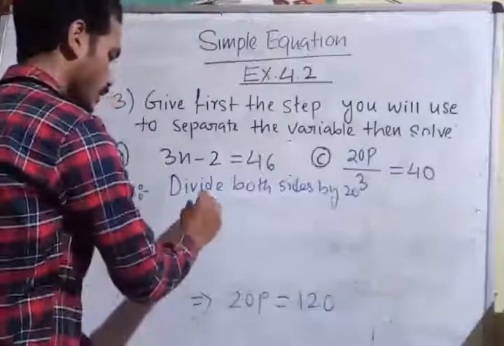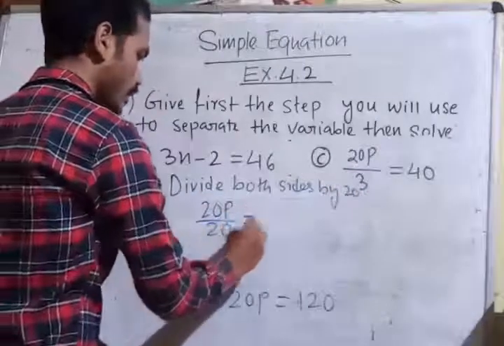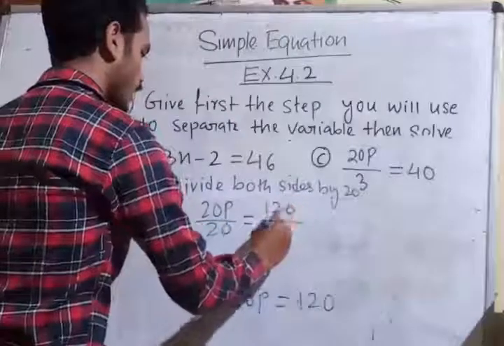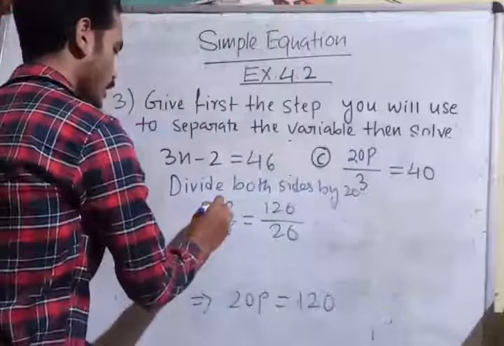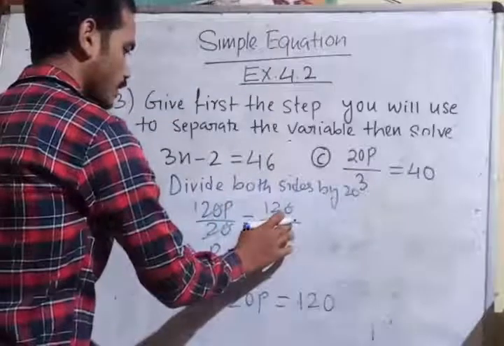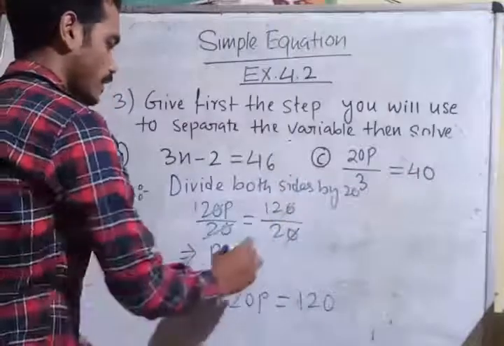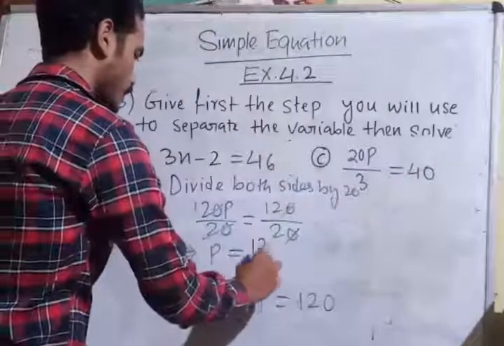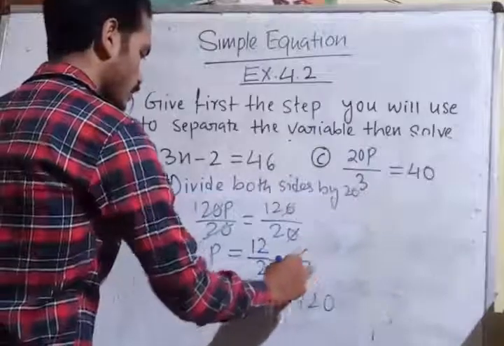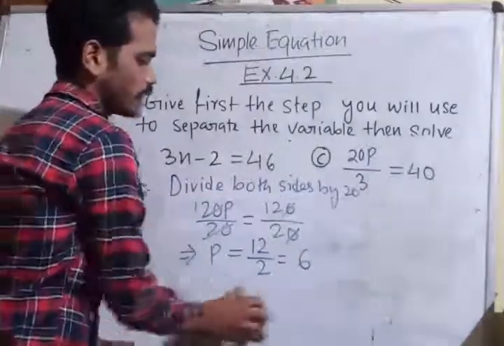So 20p by 20 equal to 120 by 20. 20 ones are 20, this will be equal to p. Then cancel a 10 from 120 and 10 from 20. Now you are left with 12 by 2, which is equal to 6. So the answer is p equal to 6.